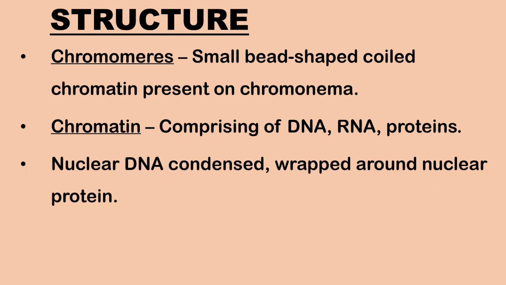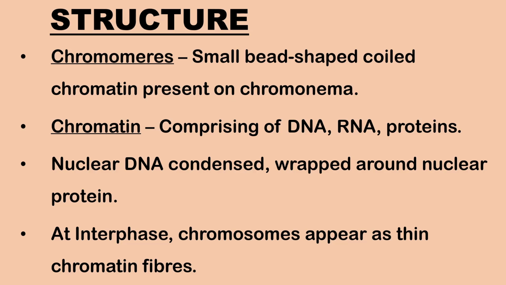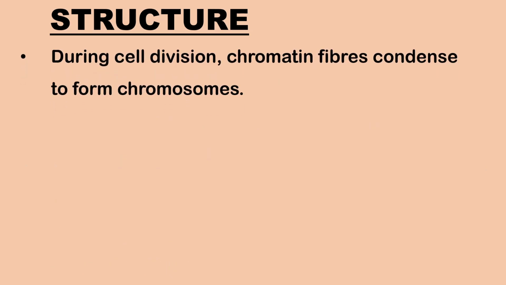Nuclear DNA is highly condensed and wrapped around nuclear protein. At interphase, the chromosomes appear as thin chromatin fibers in the nucleoplasm. During cell division, the chromatin fibers condense and are known as chromosomes.